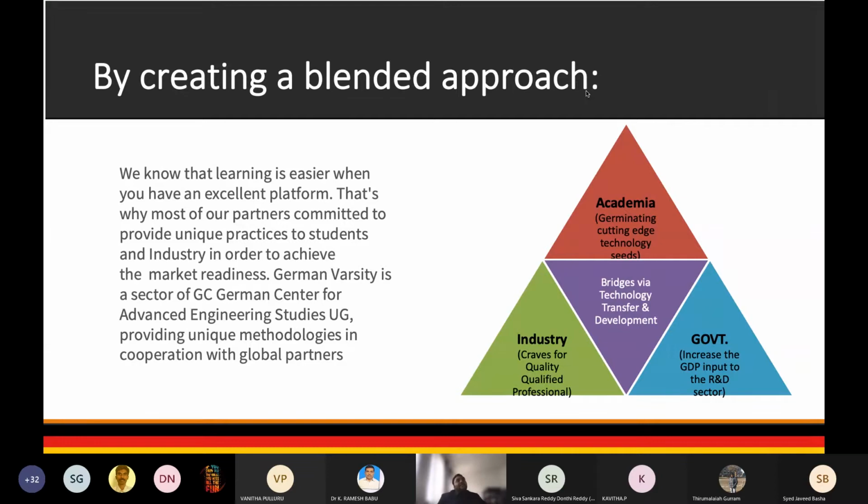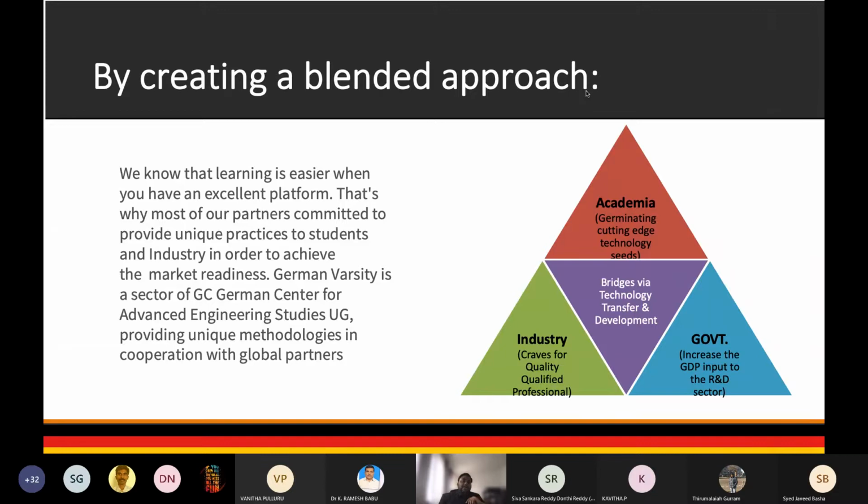So we created one blended approach, with most of our partners bringing together their experiences from academia, industry and government. The research, the practice and the policy, all three are important to create this approach and achieve the opportunity.